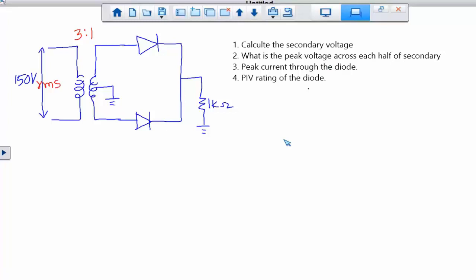All right, so these are the 4 questions that the problem is looking for. First we go for our next peak.